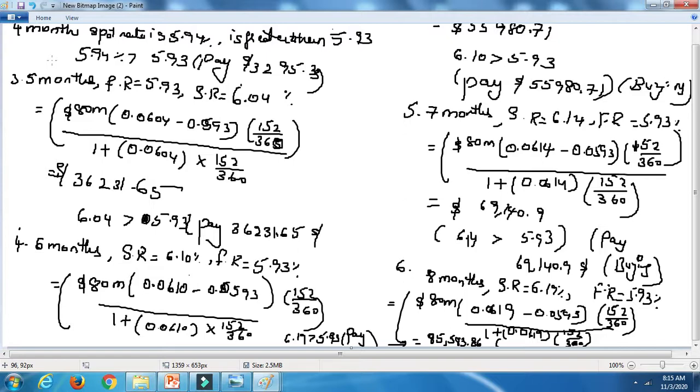When you pay, it means you are buying. If you receive, it means you are selling.